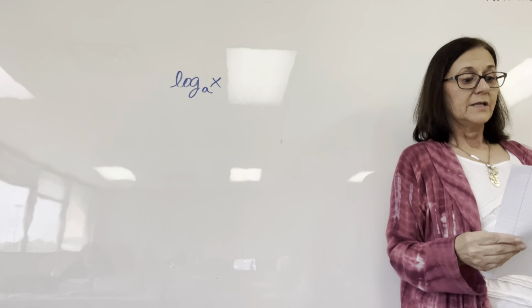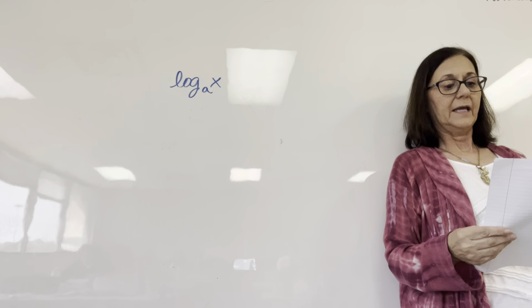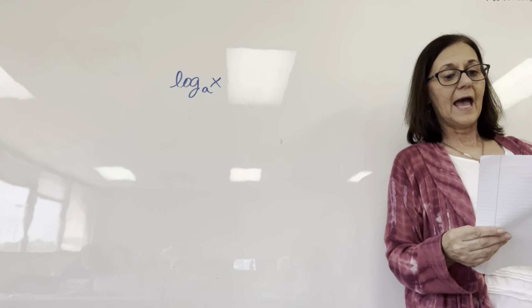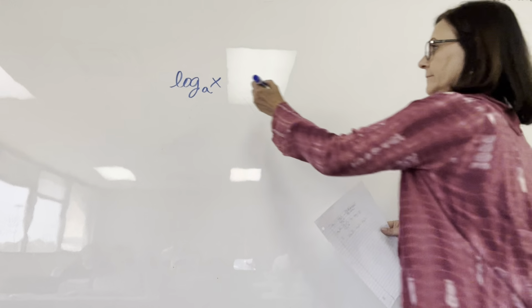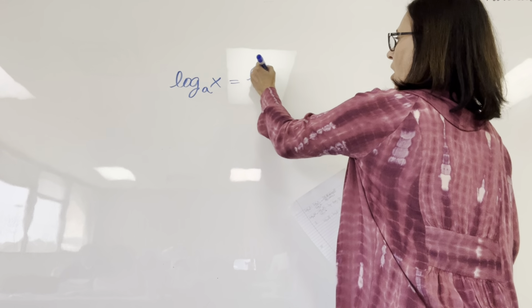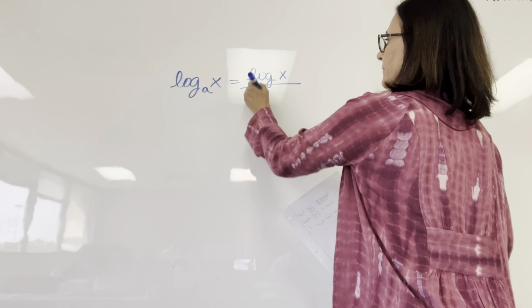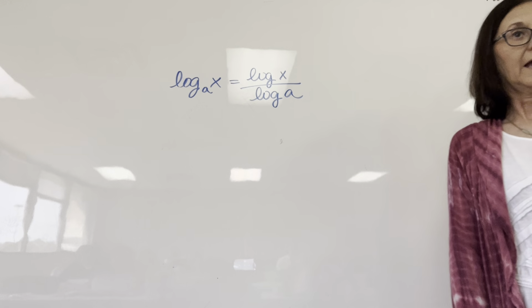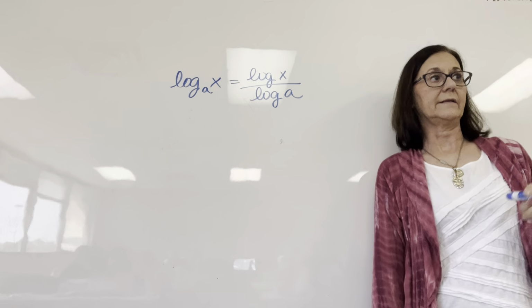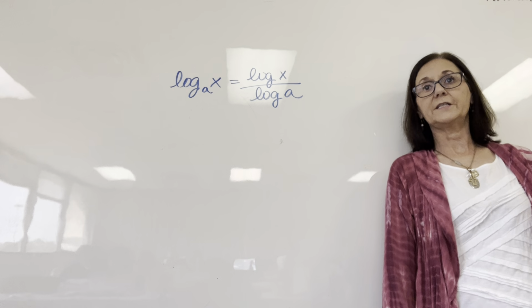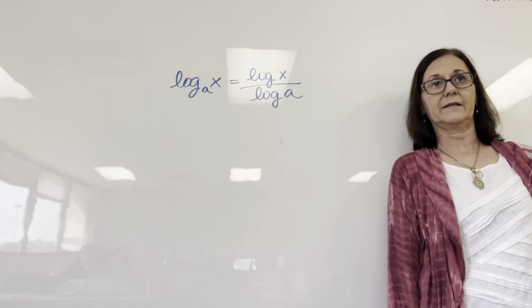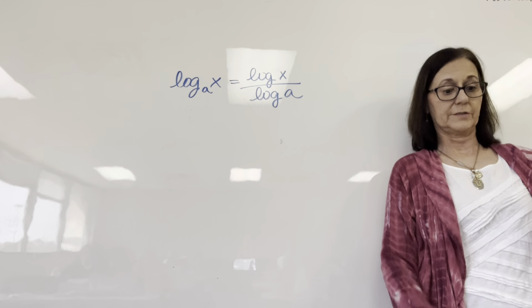A is your base and X is your argument. So it's the log of the argument over the log of your base. You can change it to any base. This is how to change the base to a base of 10. You may need to know this in a future course.